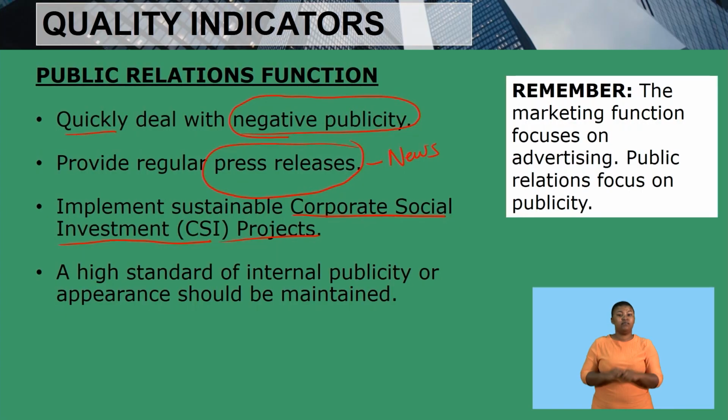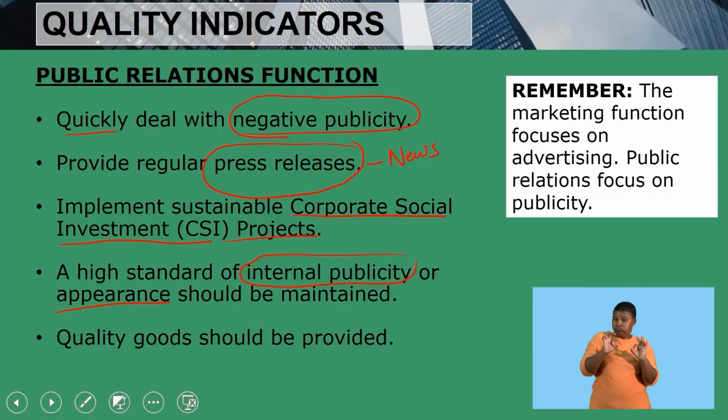The next one is the high standard of internal publicity or appearance that should be maintained. When we refer to internal publicity, you will remember it is everything that happens inside the business, how our employees dress, how the business's furniture looks, how the walls are painted, how they address each other and talk to the customers.